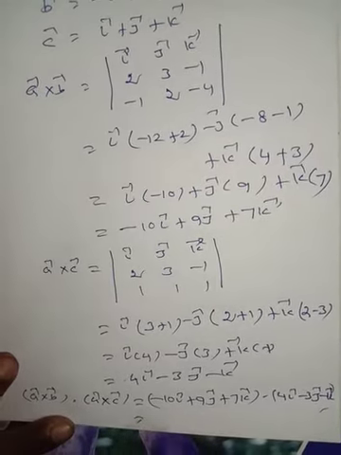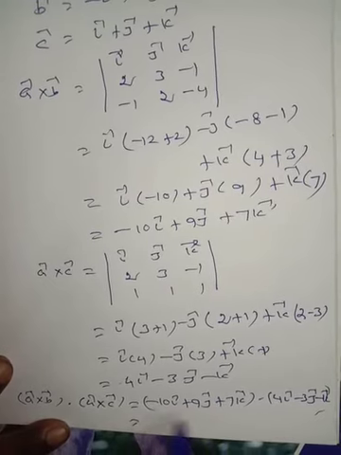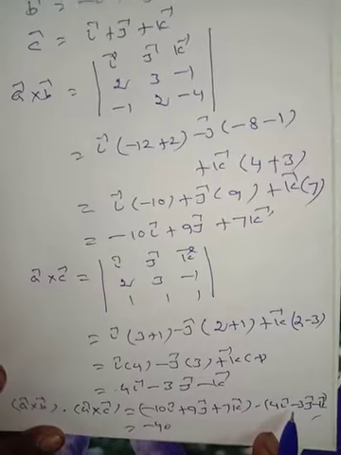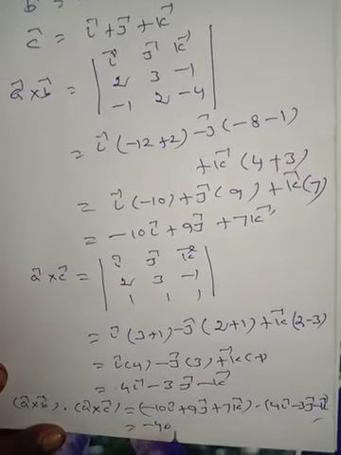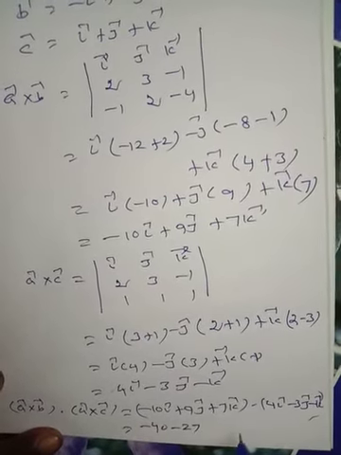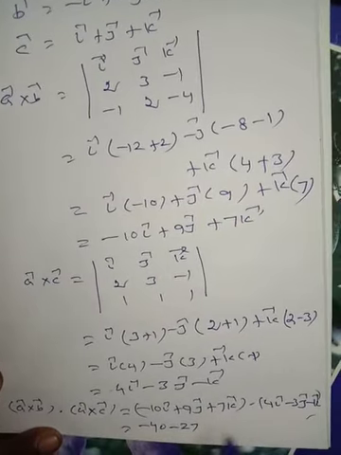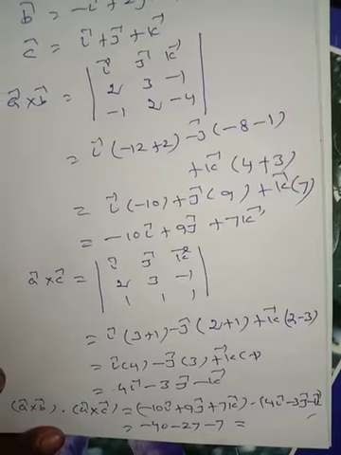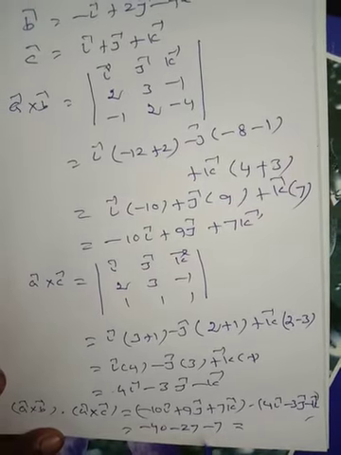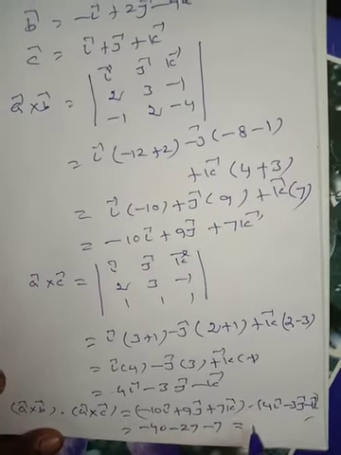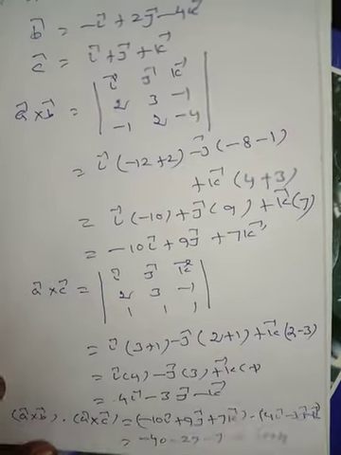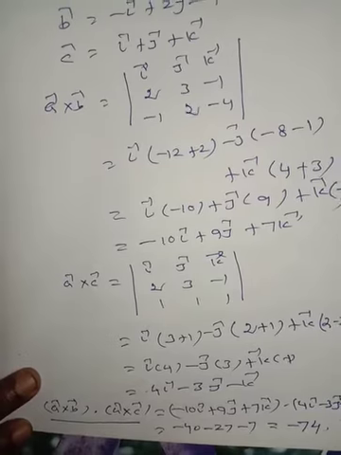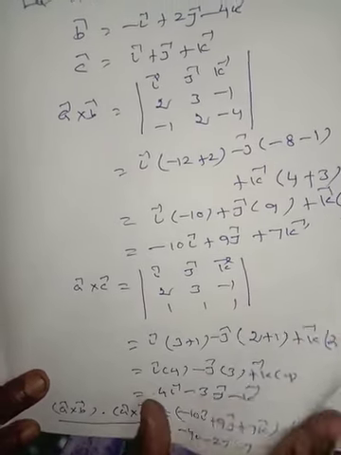Therefore minus 40, next minus 27, next 7 into minus 1 is minus 7, which is equal to minus 74. Hence A cross B dot A cross C is minus 74.